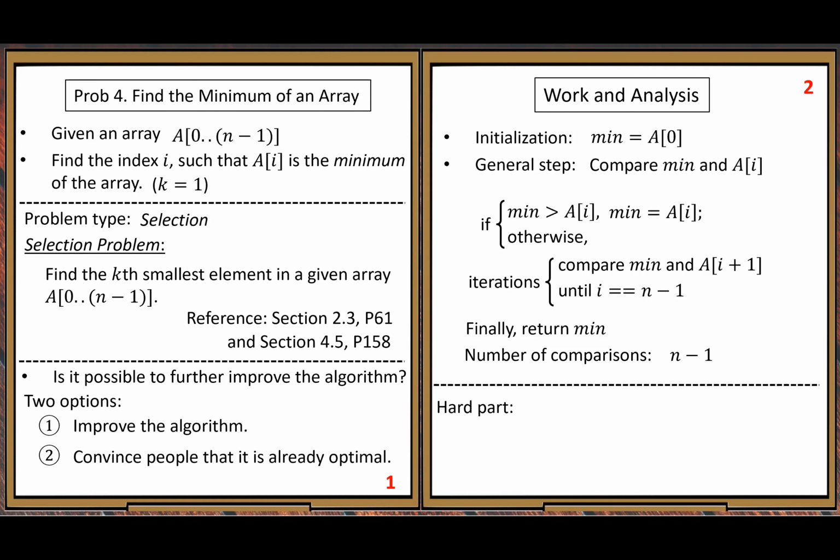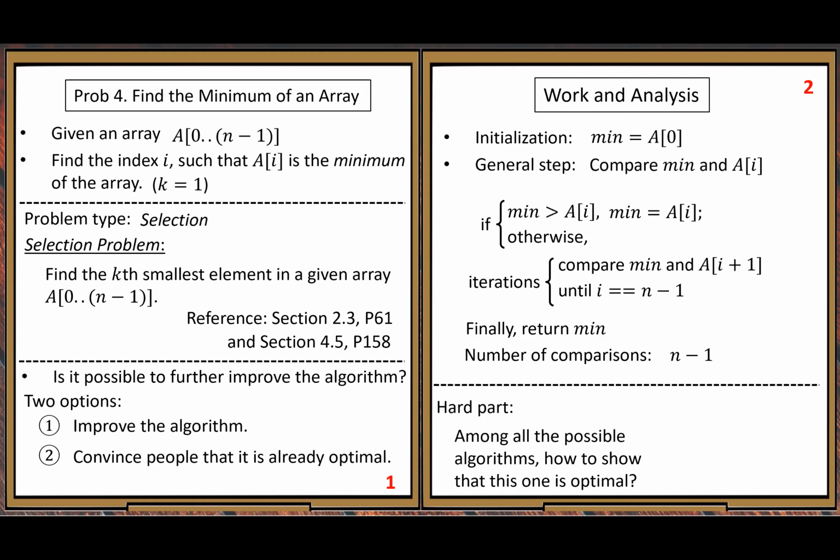Why is it hard? Why is it relatively hard? The harder part is, among all the possible algorithms, how to show that this one is optimal, right? Because in order to show this algorithm is optimal, you need to consider all the possible algorithms solving this problem, right?